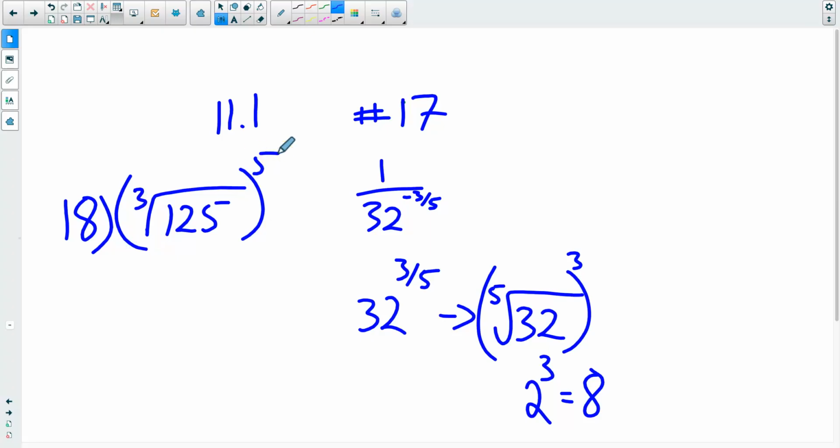So for 18, it does say you can use a calculator on the last step, and that's because I take the cube root of 125, which is 5, but then I have to raise it to the 5th power. And so that's the calculator portion. That's the hint on your pack. So you just type 5 to the 5th power, and you got your answer.